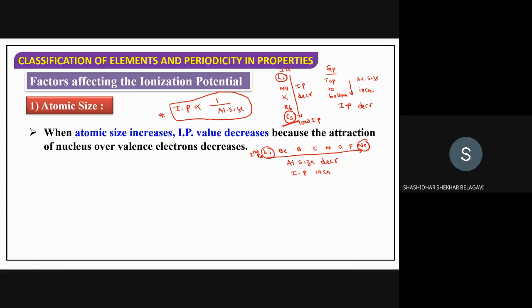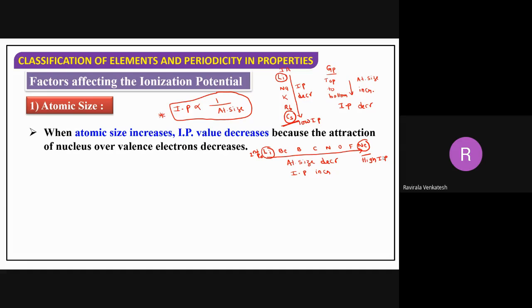Neon. In the periodic table, the left side will have lower ionization potentials and the right side will have high ionization potential. At the top, ionization potential will be more, and at the bottom it decreases.